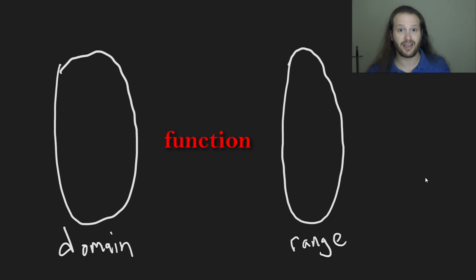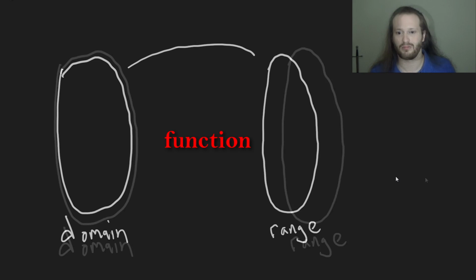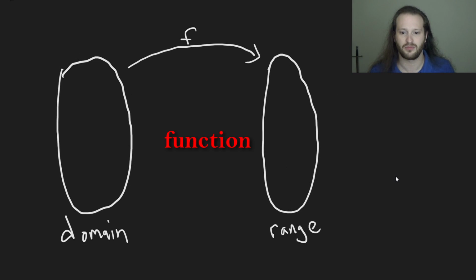A function is a specific type of relation. A function: one and only one element in the range is hit. I keep saying hit because I'm thinking like an arrow.